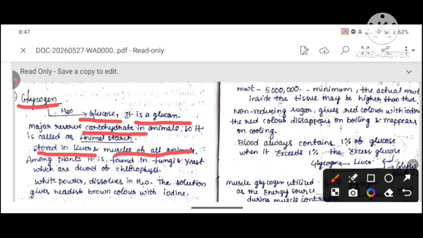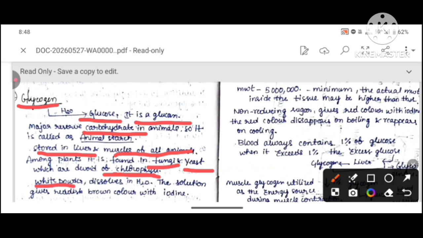Among plants, it is found in fungi and yeast, which are devoid of chlorophyll. Fungi and yeast also come under the plant kingdom, and being devoid of chlorophyll means they don't have the chlorophyll pigment. So glycogen is also found in fungi and yeast.